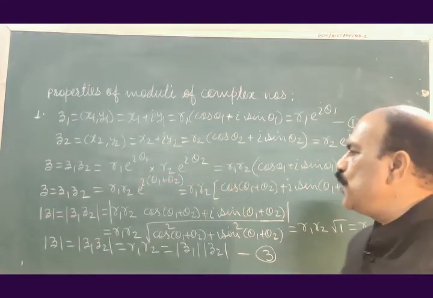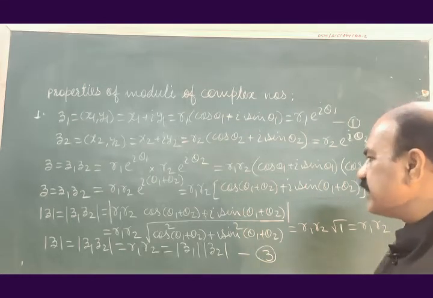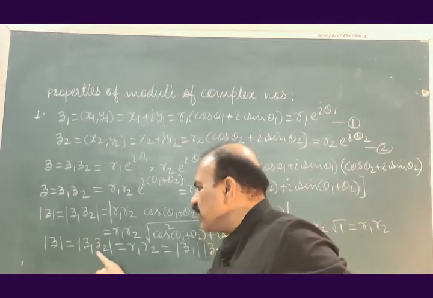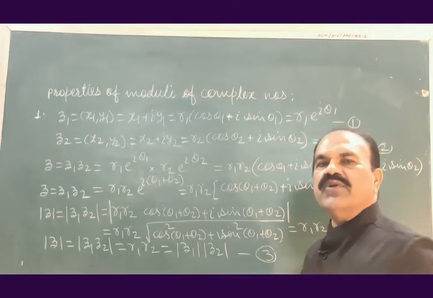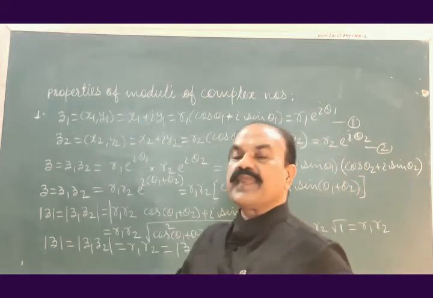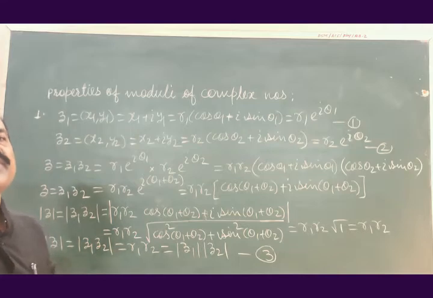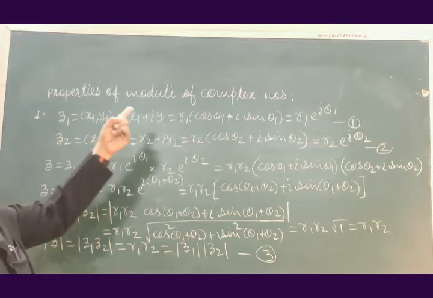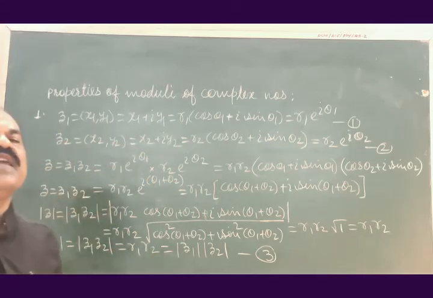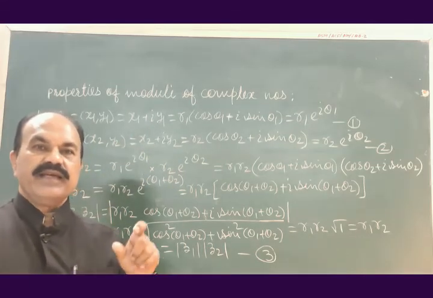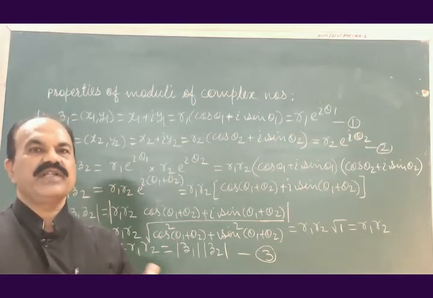Now let us have a close look at equation 3. What do we find? Modulus of product of two complex numbers is equal to product of their moduli. For the first property of moduli of complex numbers, the first statement we gave is: modulus of product of two complex numbers is equal to product of their moduli.